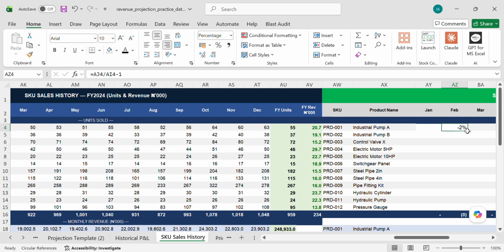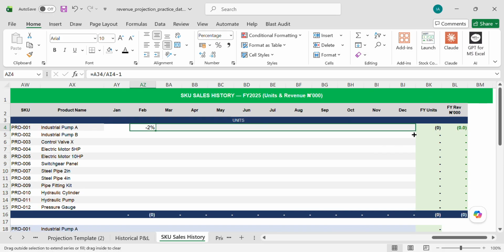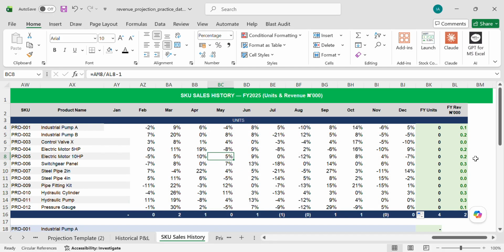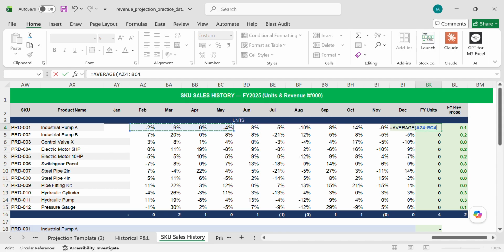So average growth of quantity for each of these products month on month. Let's see. Historical. Let's drag this on down.